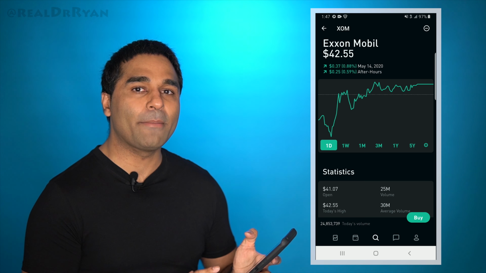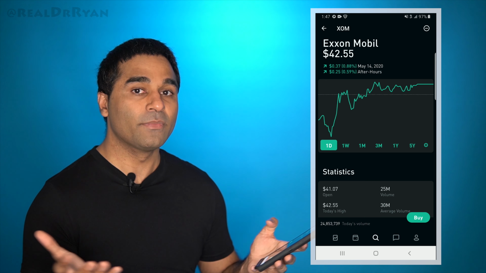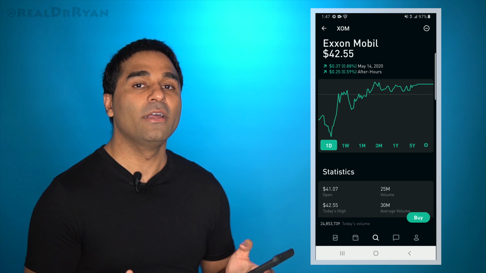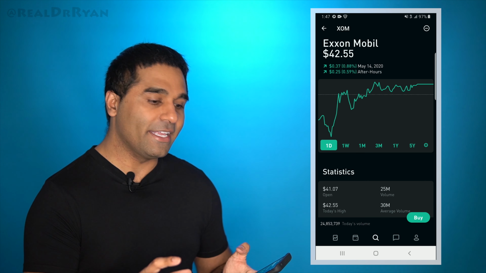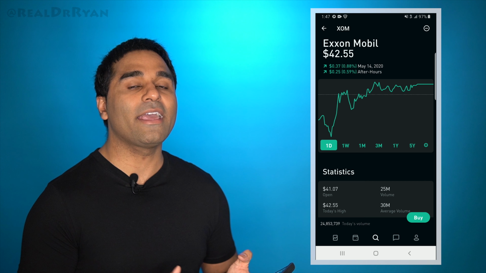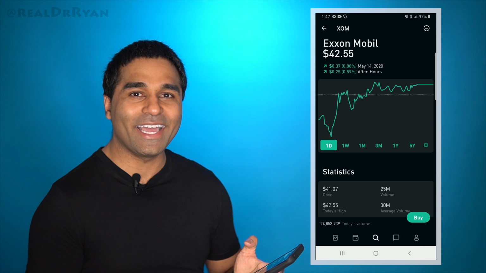If the price is moving up and down, that means it's trading, and the fact that it's not moving up and down means that it's not trading. And since we're not in trading mode right now, being that the stock market is closed, we can't buy a stock of Exxon now, but we can place a market order which will get fulfilled tomorrow morning as soon as the stock market opens. So let's go ahead and do that.